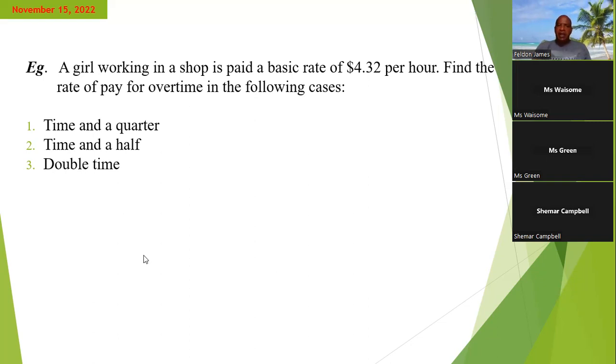All right, so can you calculate what the overtime rate would be for each of these? And then we can go through them together. As soon as you're finished calculating them, you just raise your hand and then we walk through the question together. All right, go ahead, guys.